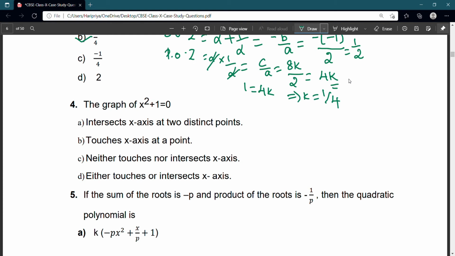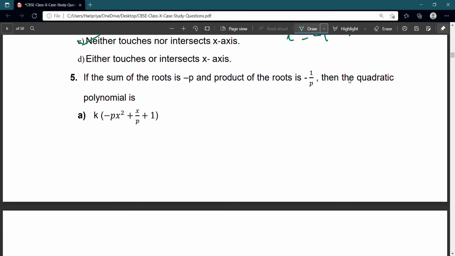So now if x square plus 1 equal to 0, x square equal to minus 1, so x would be plus or minus root minus 1. So here you have root of minus 1, which is the complex form, so it will neither touch nor intersect the x-axis.